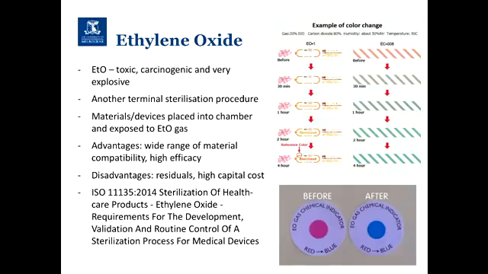Quite often, because the sterilisation is usually the end procedure, you don't want to be touching anything once it's sterile, before it goes to theatre or wherever it's being used. So a terminal sterilisation procedure means that the device, in its packaging, can go in and get sterilised that way. Gamma radiation works that way as well.